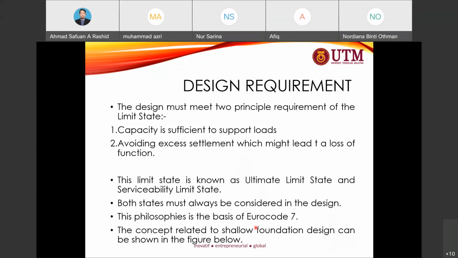So these limit states are known as the ultimate limit state and serviceability limit state. Both states must always be considered in the design. This philosophy is the basis of Eurocode 7. The concept related to shallow foundation can be shown in the figure below.